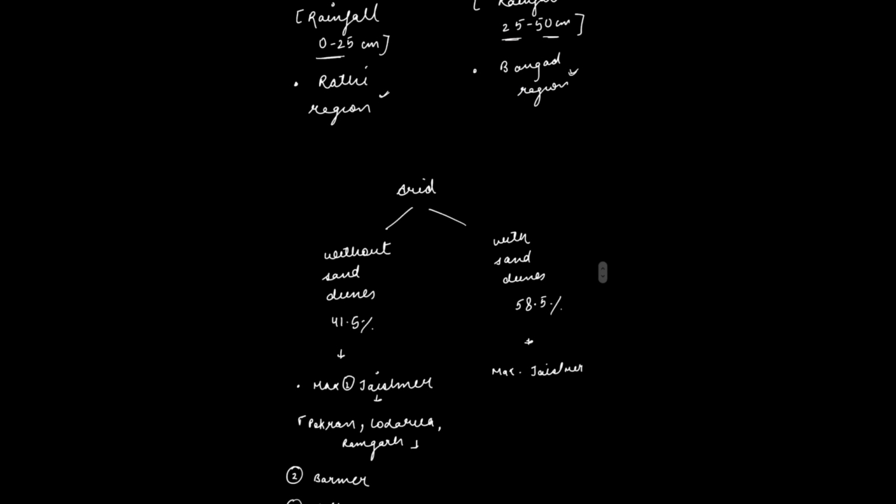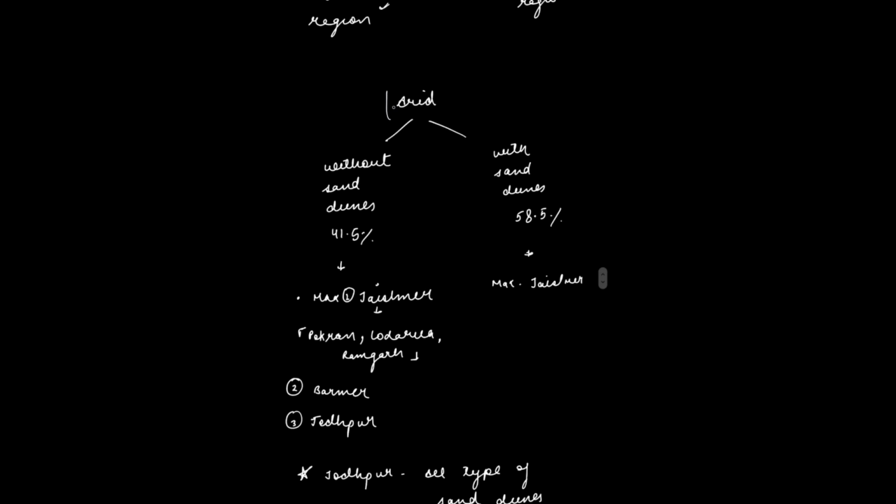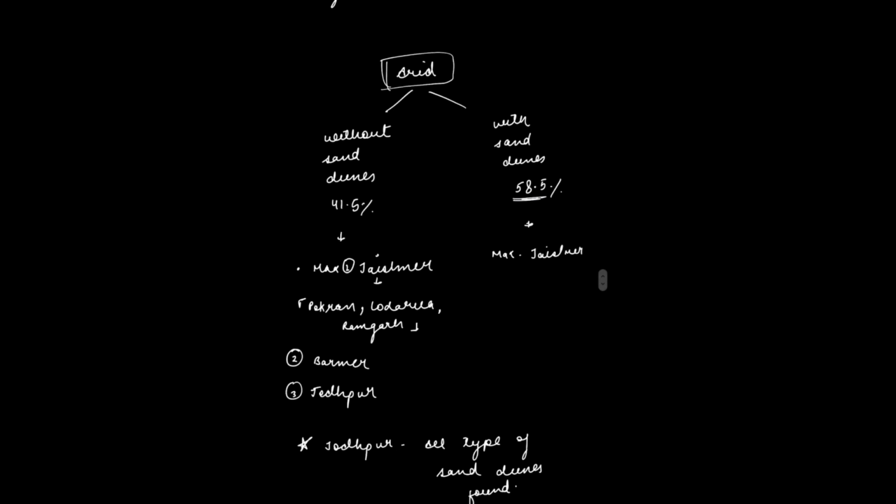So let's see the arid region first. The arid region is divided on the basis of presence or absence of sand dunes. As we know, Rajasthan is rich in desert, and obviously deserts are leading to the formation of sand dunes. So majorly we have an area with sand dune, that is 58.5%, while the area without sand dune is 41.5%.